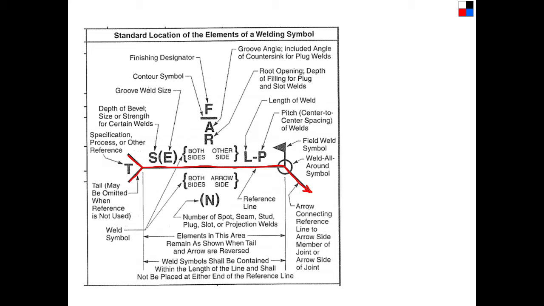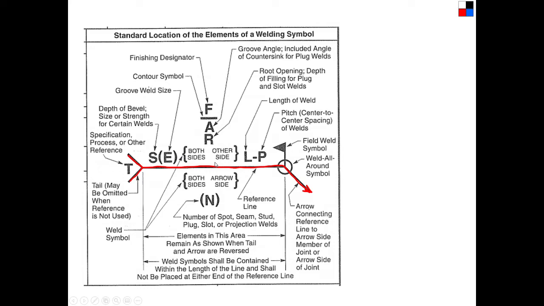Okay. So, things that are really important with this. First of all, anything that goes below the line applies to the side of the weld that the arrow is pointing towards. Anything that is above the line, in this area right here, applies to the side opposite where the arrow is pointing. Now, why would they do that?